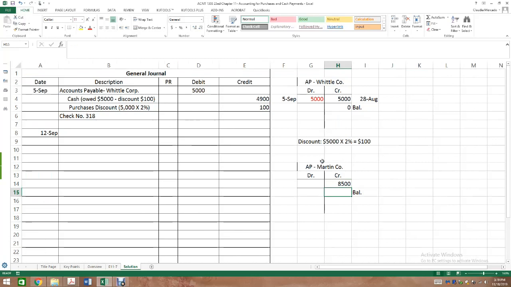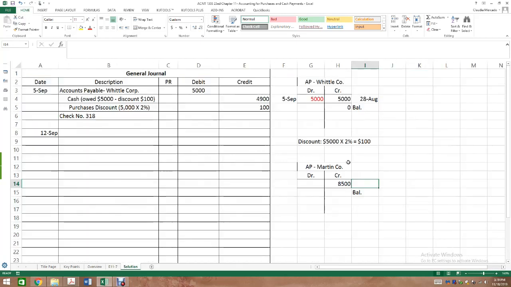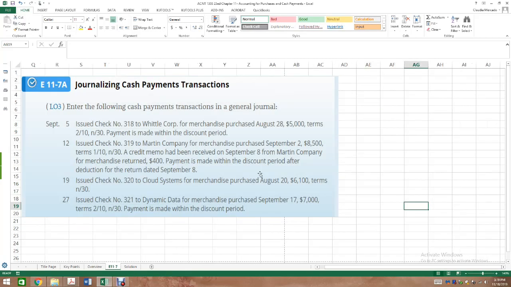So when I bought it, I owed Martin $8,500. But then what happened? There was a return. This is when I purchased it, on September the 2nd. Then on September the 8th, I returned $400.